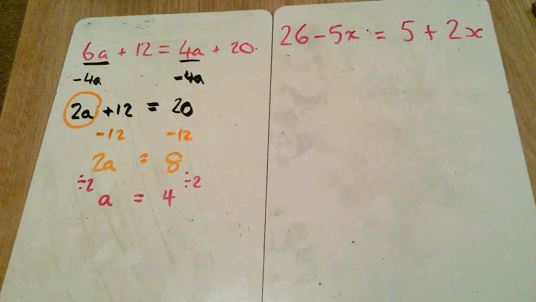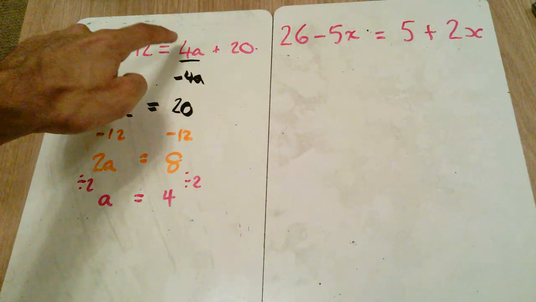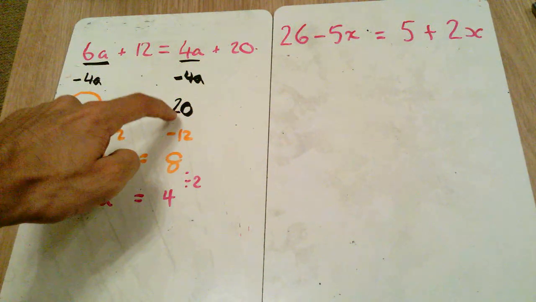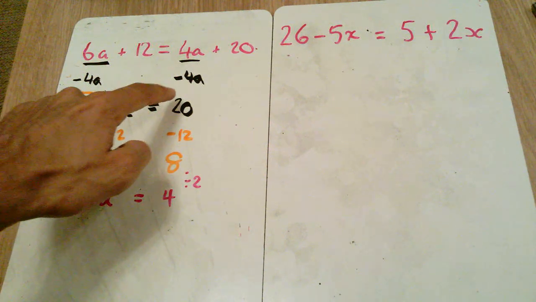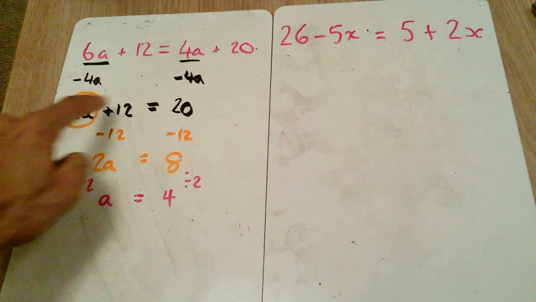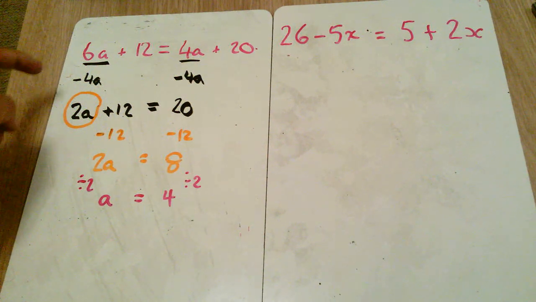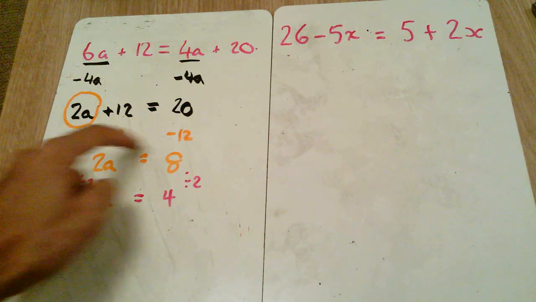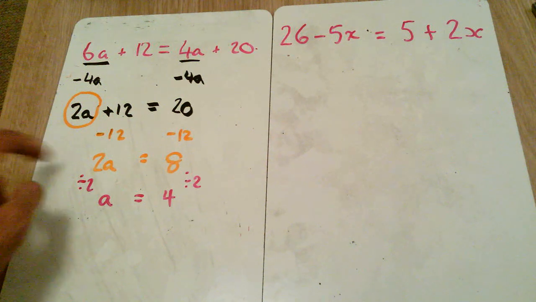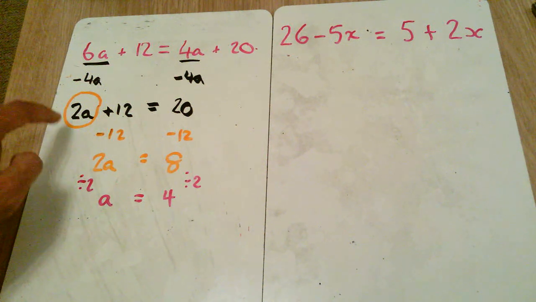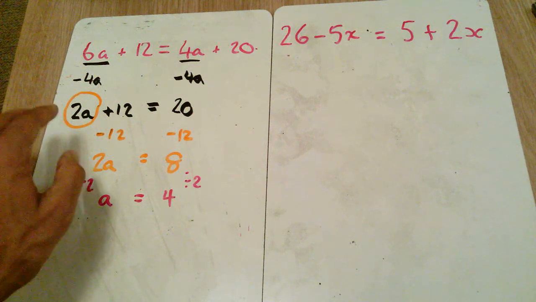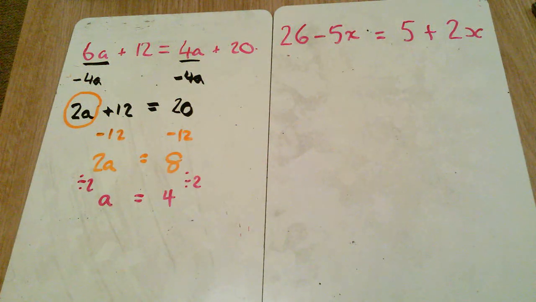We eliminated the 4a by doing 4a minus 4a is 0, but because we subtracted 4a from this side, we had to subtract 4a away from this side. 6a minus 4a gave us 2a, and that gave us a normal linear equation with an unknown only on one side, just the 2a on this side, no a's on this side.